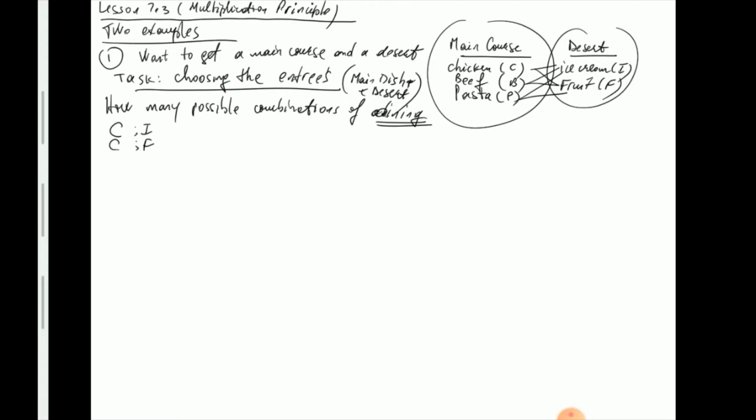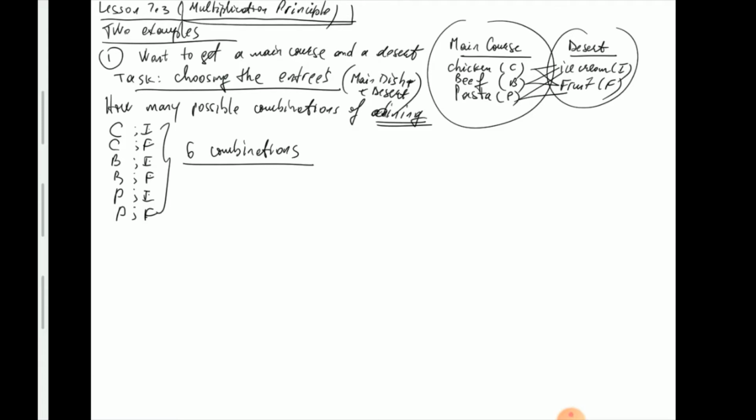You could have beef with ice cream, beef with fruit, pasta with ice cream, and then pasta with fruit. In total, you're going to have 1, 2, 3, 4, 5, 6 combinations. Right, but these are obtained from a multiplication, and hence the reason we call this lesson multiplication principle.